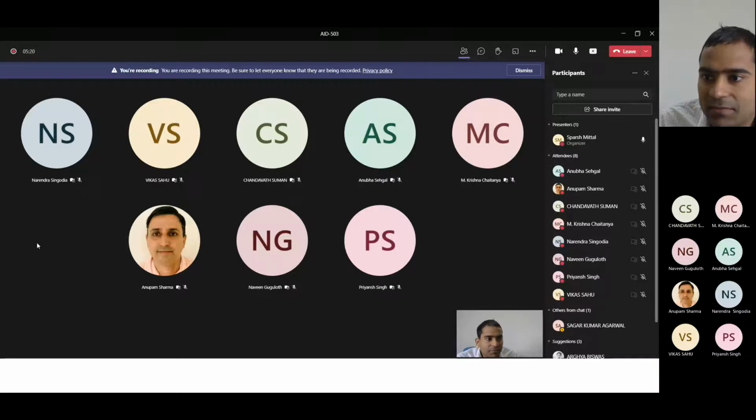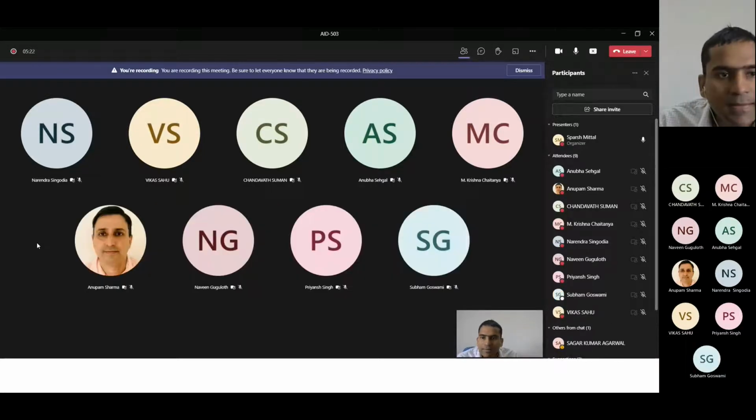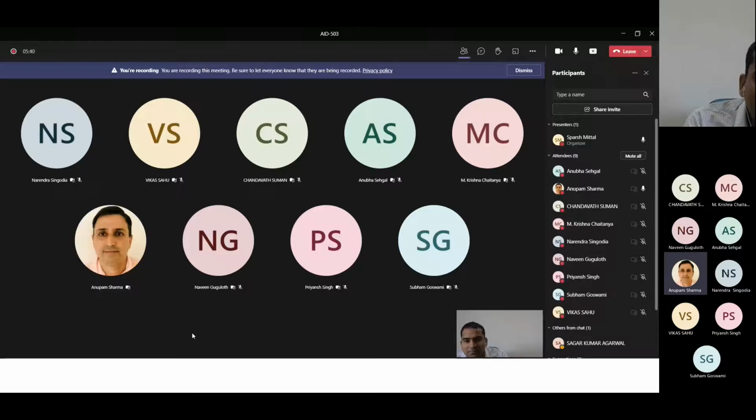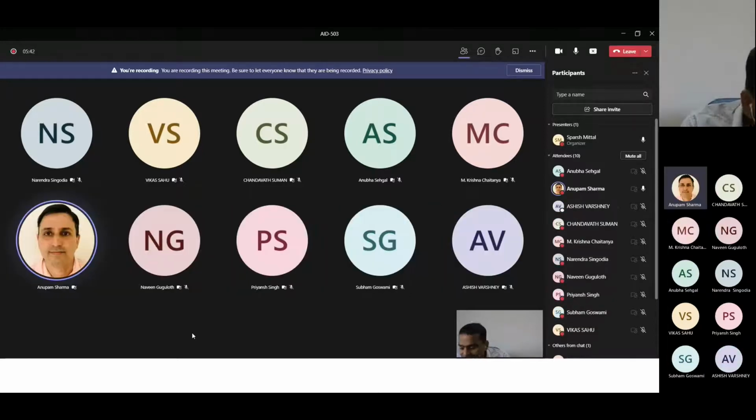Any answers? One of them has 45 TB per second, another one has 9 PB per second. Which one of them is higher? Anupam? Sir, 9 PB is higher, sir. Yeah, you're right. 9 petabyte is higher.